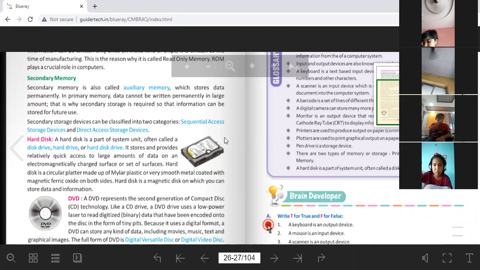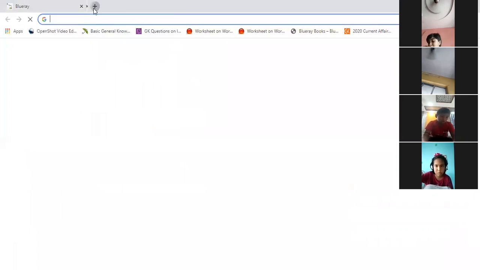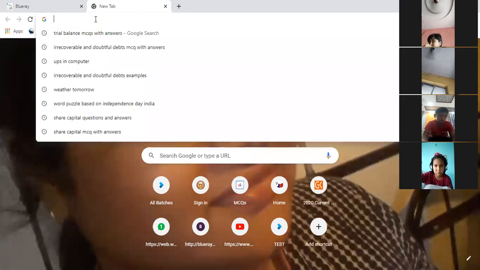Ferric oxide is the name of a chemical. So a hard disk is a magnetic disk which we use to store information. If you want to see the hard disk picture, it looks like this.